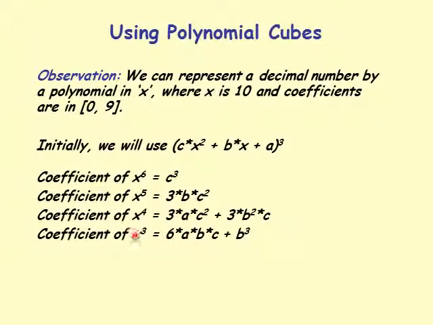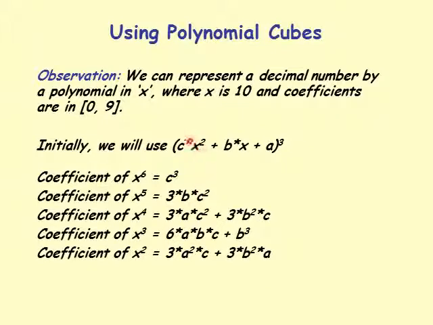For x cubed, I can get x cubed from the cube of this term, b cubed, right here, and I can also get a times b times c. So that's a, b, c here. Since it's cx squared plus bx plus a cubed, that would give me 6 times a times b times c using all the combinations we have.